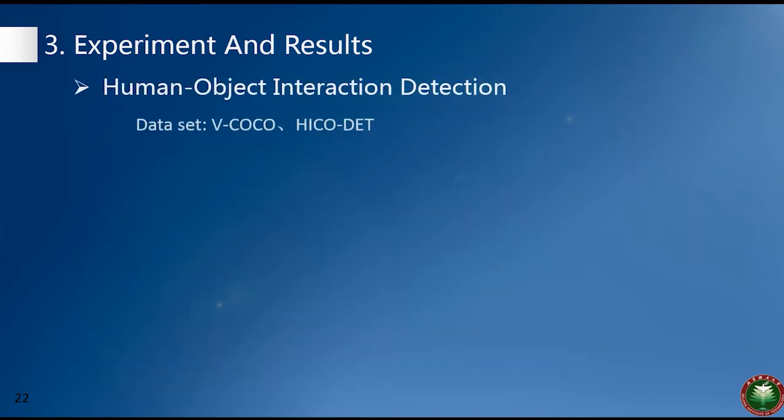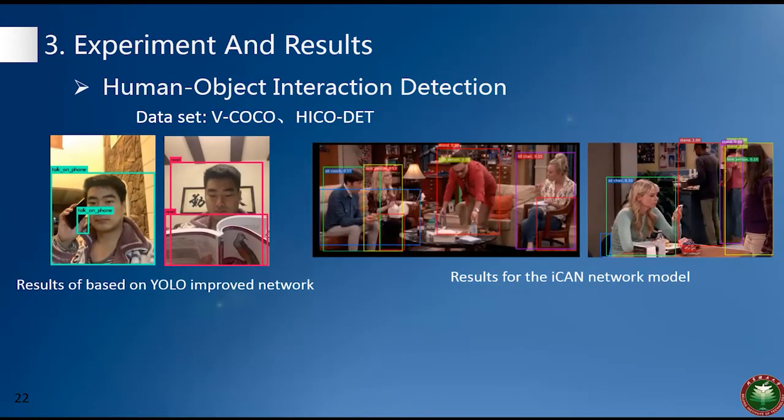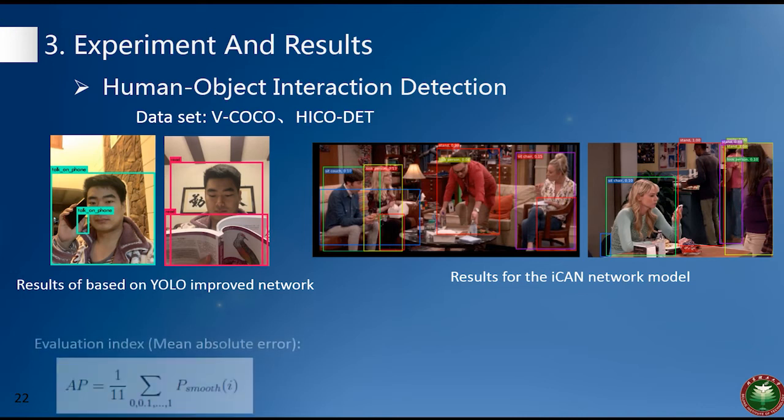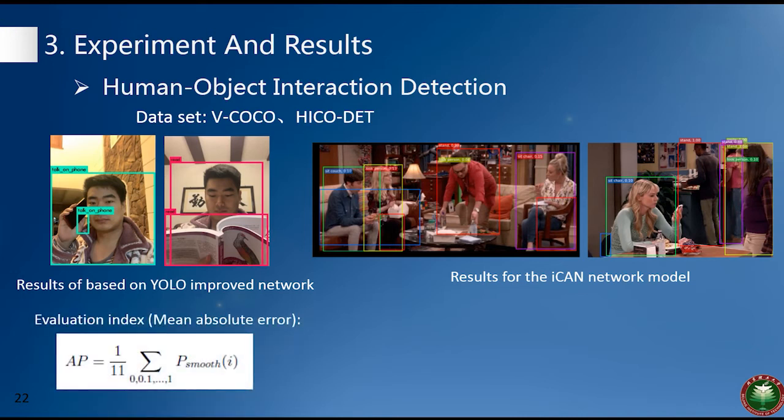The training datasets of human-object interaction detection are VCOCO and HICO-DET. It can be seen from the figure that both methods can complete the function of recognizing human action. Evaluation index is the mean average precision AP.